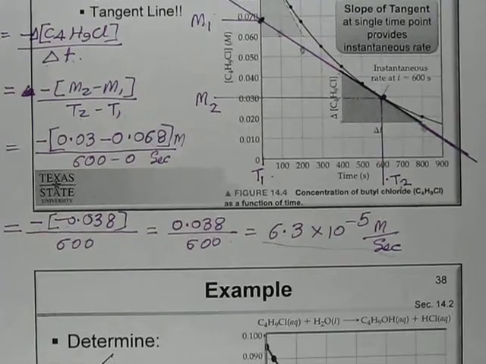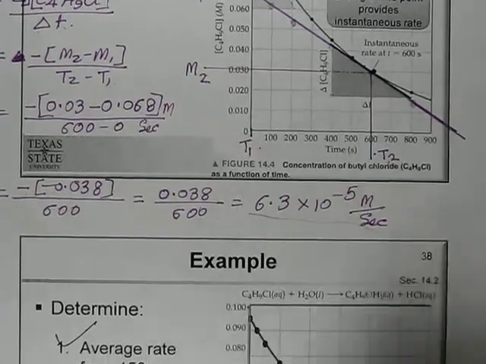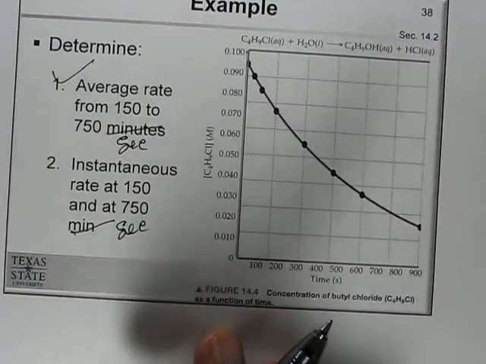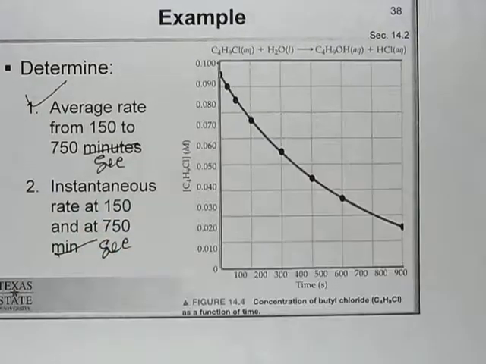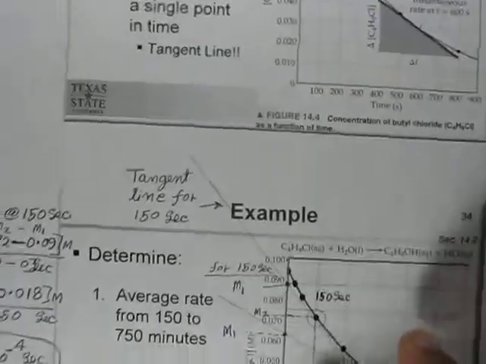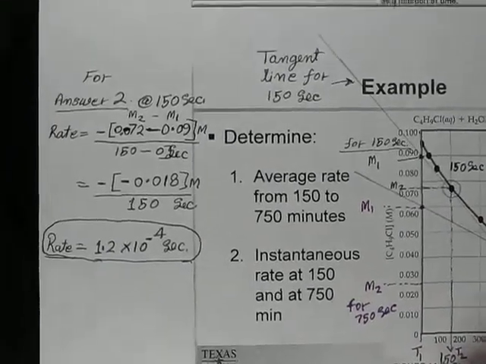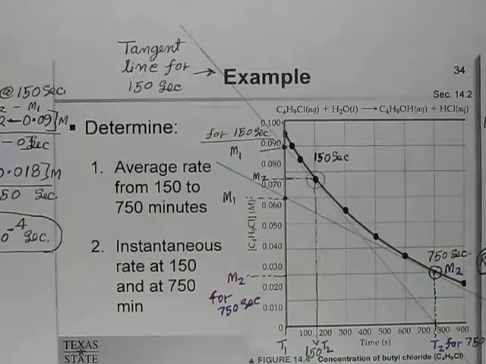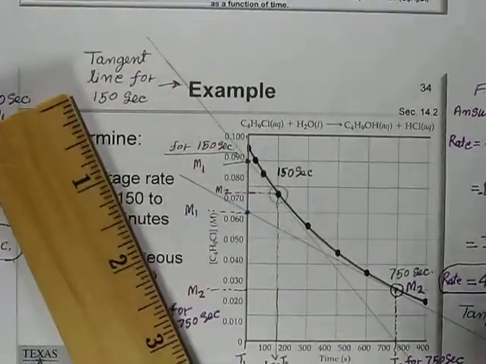In the same way, let's talk about the same question where we have to calculate the instantaneous rate at 150 seconds and 750 seconds. In this slide I showed you how to calculate that instantaneous rate. First I draw a straight line at 150 seconds.